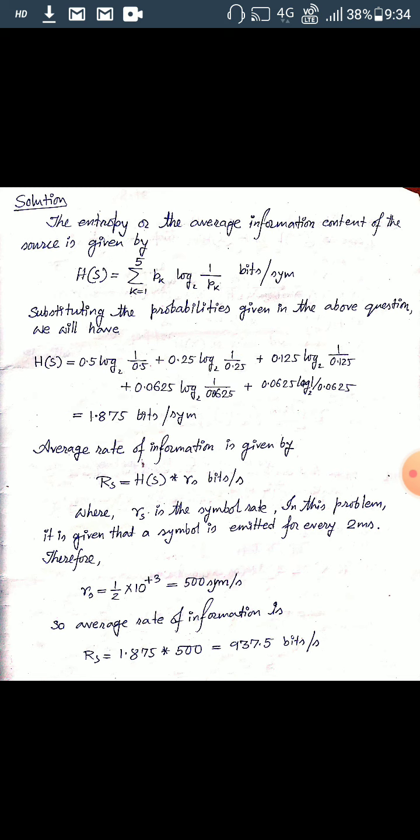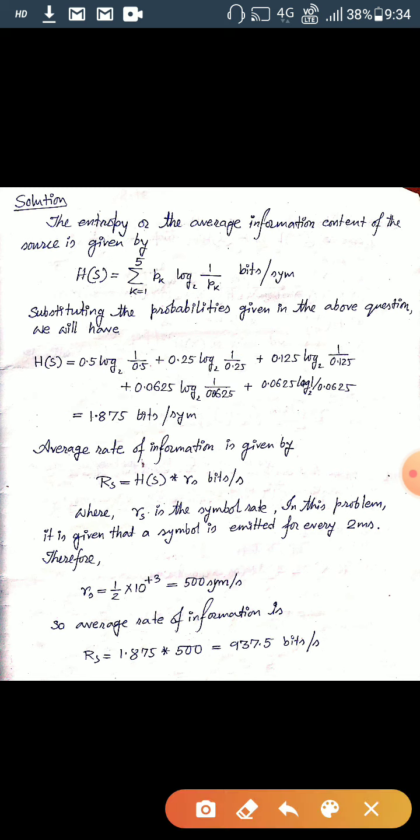Now this is an important formula, you just note it down. This is the capital R(S), which is defined as the average rate of information. The average rate of information is R(S) equal to H(S) times r(s). We already know that H(S) is the entropy, and small r(s) is the symbol rate, which is given to you as 2 millisecond per symbol.